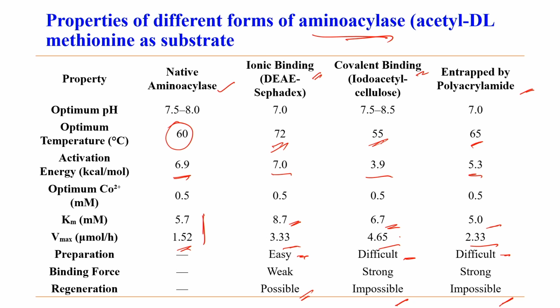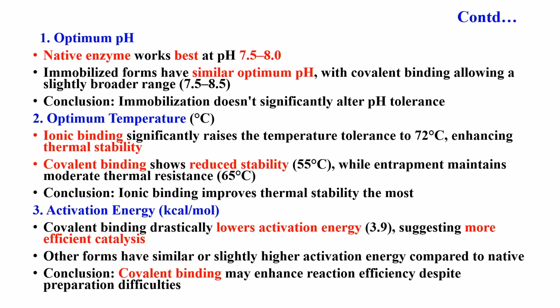So, it says that during these different immobilization processes there is some intermolecular interaction between the enzyme and the solid matrix, which causes certain structural changes in the protein or enzyme, and this is reflected in its catalytic activity or performance. Optimum pH, let us compare. The native enzyme works best at 7.5 to 8.